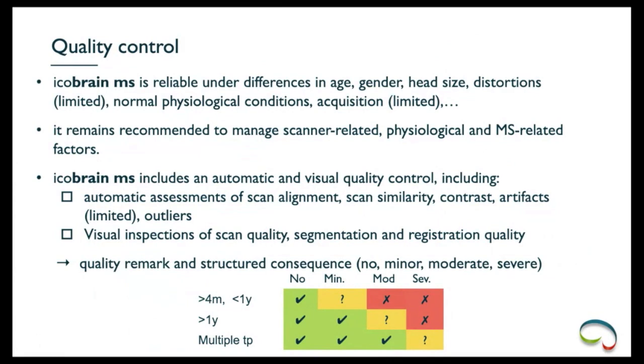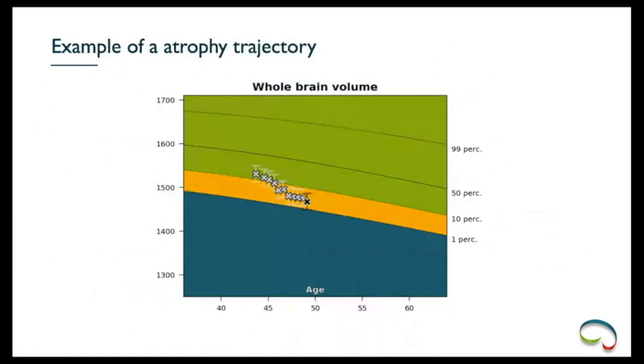In case of moderate consequences, if there is a short time window between, we do not recommend to use the measurement. If it's longer than 1 year, we recommend to be careful, and if it's multiple time points, it still can be reliable.